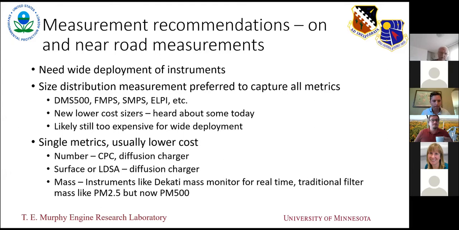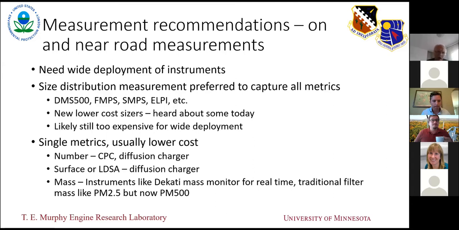Another way of going is single metrics. These are lower cost. For example, when we hear about ultrafines today, it's typically a condensation particle counter, but you can also measure number with modified diffusion chargers. Surface area also, or lung deposited surface area, either of these can be measured quite well with variations on diffusion chargers.